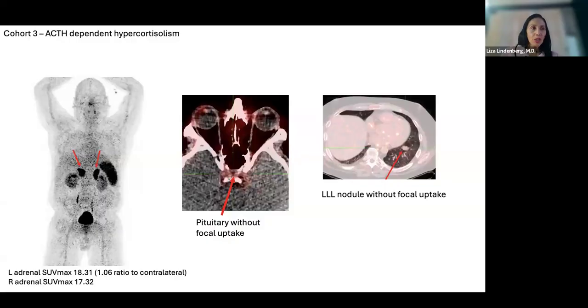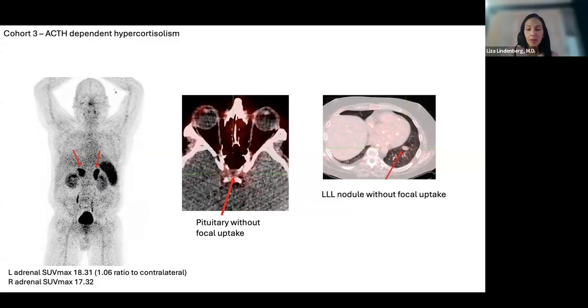In this patient, the pituitary doesn't have any focal uptake, and there was concern for ectopic ACTH secreting lung nodule at the left lower lobe, which also did not have very much uptake. But you can see here just how intense the adrenal glands are.